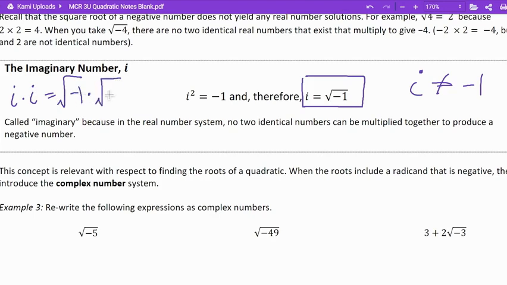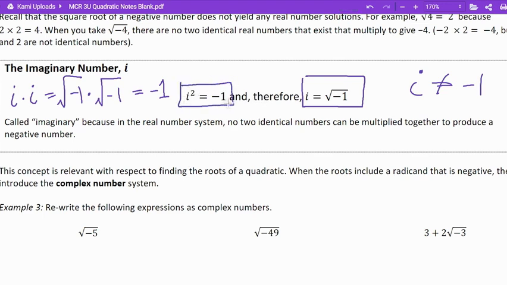So what's root negative 1 times root negative 1? Remember when we square a square root, you just get rid of that square root? So that means that i times i is negative 1. Okay?